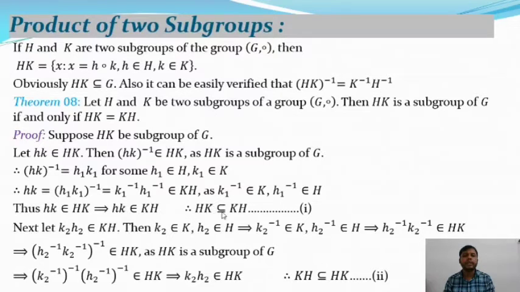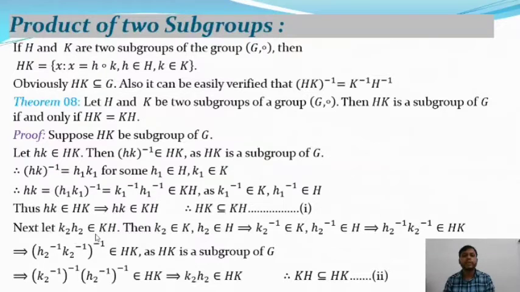That is, HK is a subset of KH, where HK and KH are both subgroups of G under composition, and we write this as equation number 1. Next, let k2 h2 belong to KH, and from this we will show k2 h2 belongs to HK.